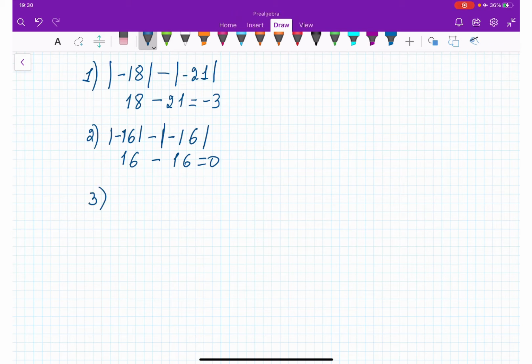So a temperature recorded in Antarctica was negative 124 degrees Fahrenheit. The temperature recorded in the Sahara Desert was 129 Fahrenheit.